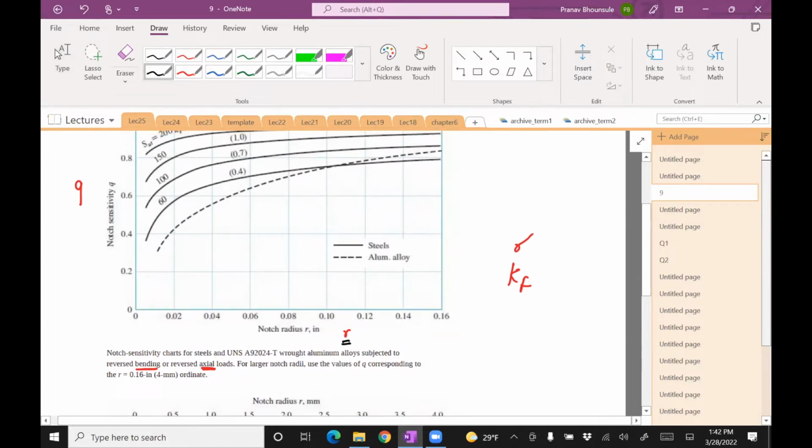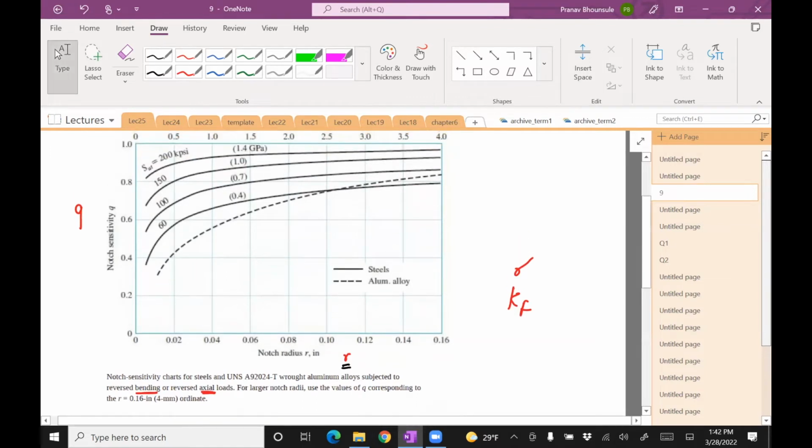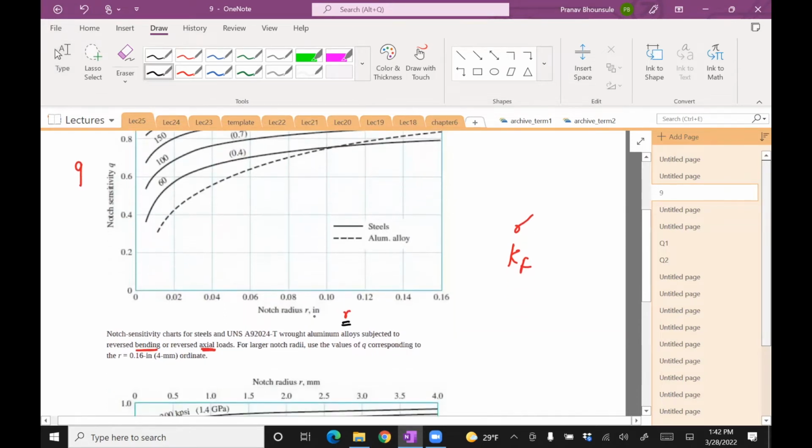So the radius is 3 mm. It's in inches, so we need to convert 3 mm. Is it 3 mm or 3 inches? I think 3 mm. Can we look at the bottom graph? 3 mm, so I'm going to convert 3 mm to inches.